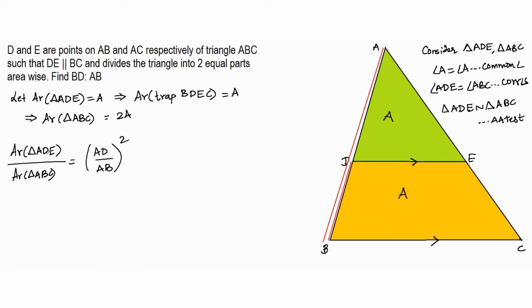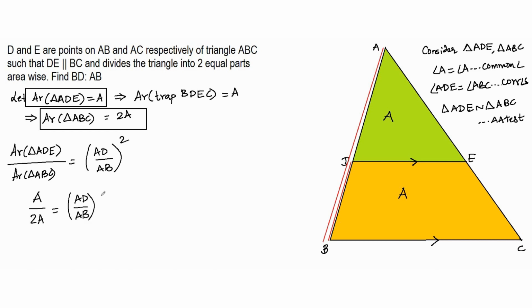Now I know that these two areas are in the ratio 1:2, because according to our assumption, we took the area of triangle ADE as A, and we concluded that the area of triangle ABC is going to be 2A. So A by 2A is equal to (AD by AB) the whole square, and here A and A cancel.